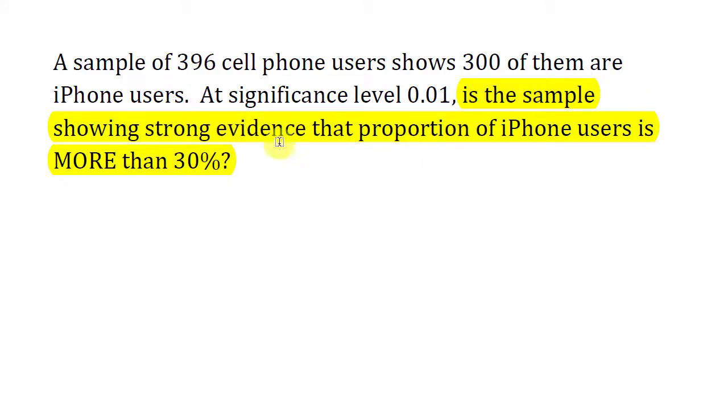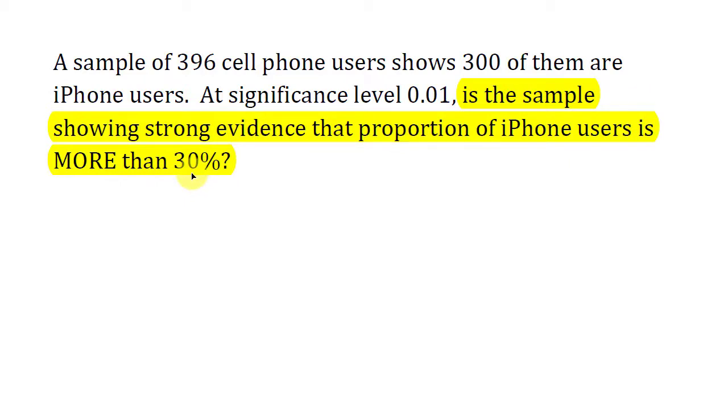But now, is the sample showing evidence that the proportion of iPhone users is more than 30%? Have a moment to read this statement carefully. Is the sample showing strong evidence that the proportion of iPhone users is more than 30%?